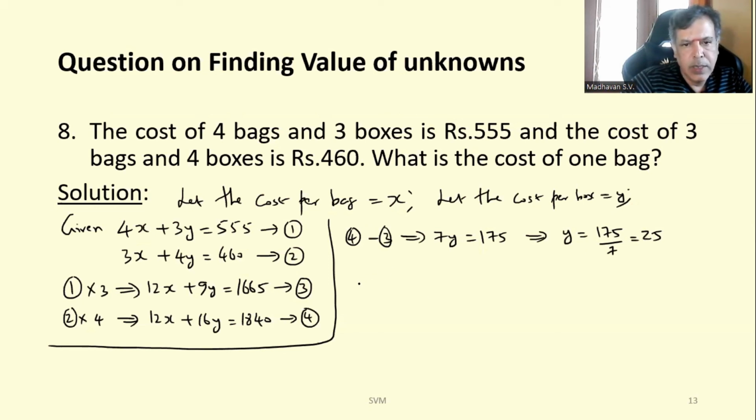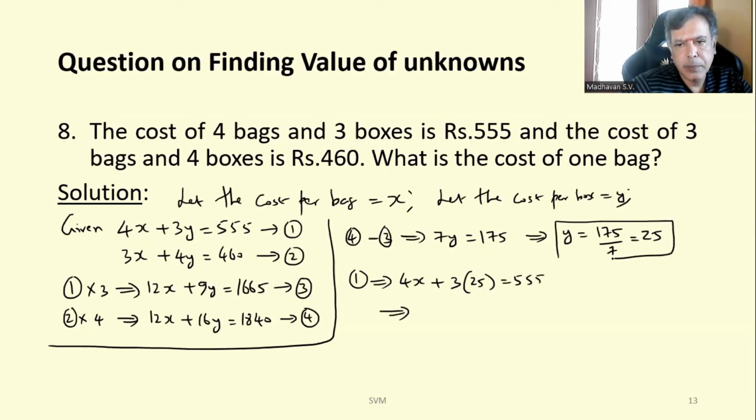So now consider the first equation, 4X plus 3 times Y, Y is 25, equal to 555. Let me put this: 4X plus 75 equal to 555, which means 4X equals 555 minus 75.